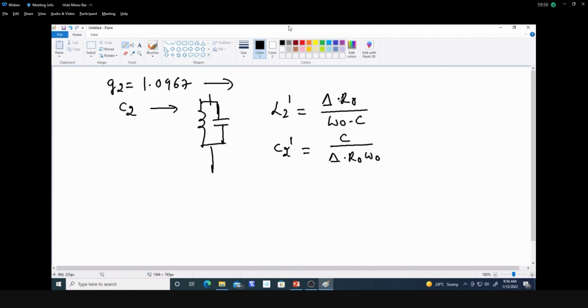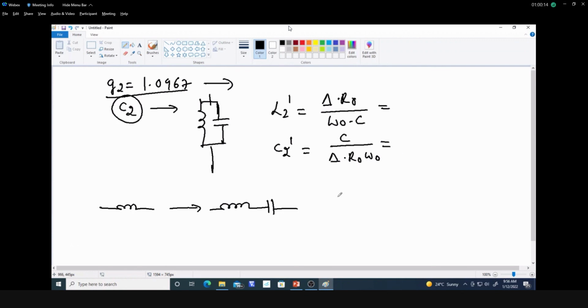So this is for the C2 case. Then find out the series inductor into series LC as earlier, the same thing for this case, and find out the values.